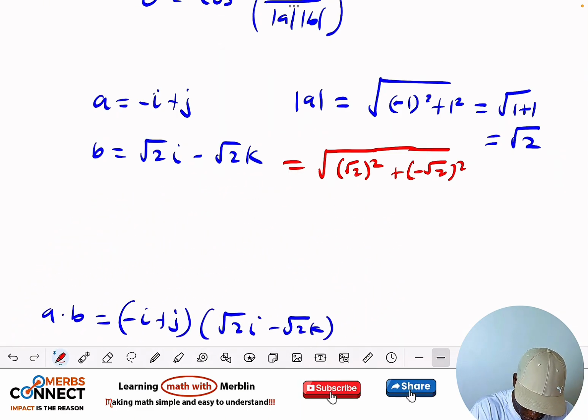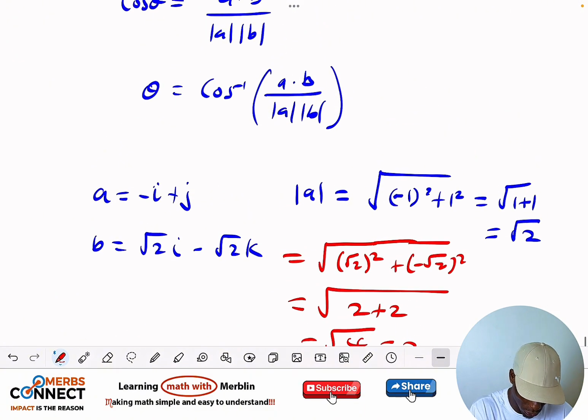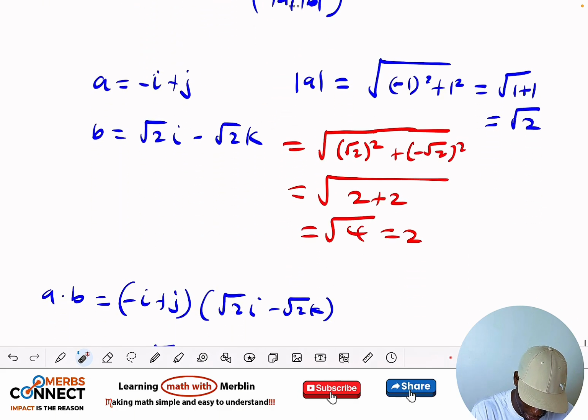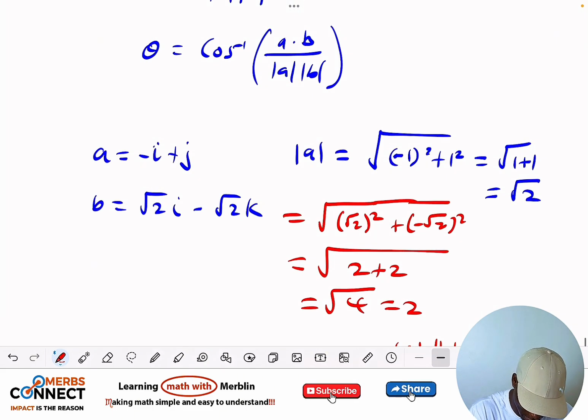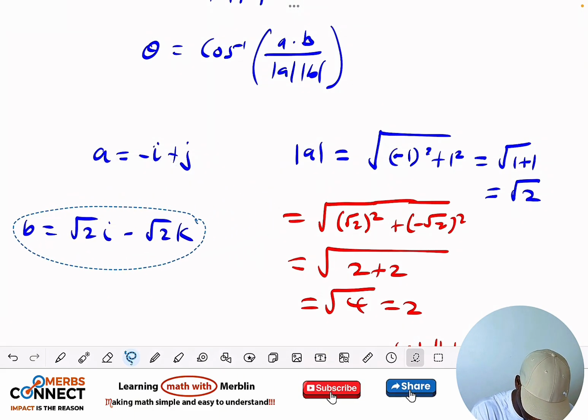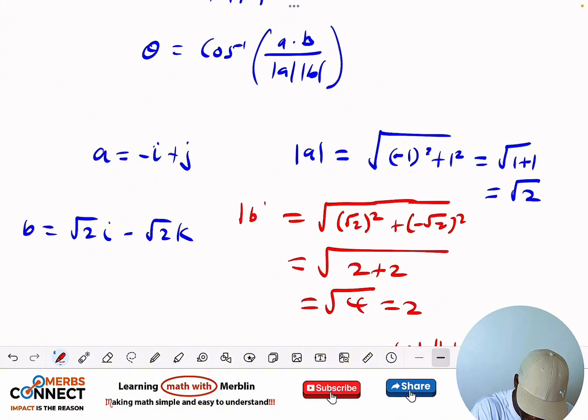We are going to have 2 plus 2, and this is square root of 4, and this is 2. So now we know this, we know this. So what I can do here is I can now find magnitude of A times magnitude of B, and this is going to give us 2 root 2.